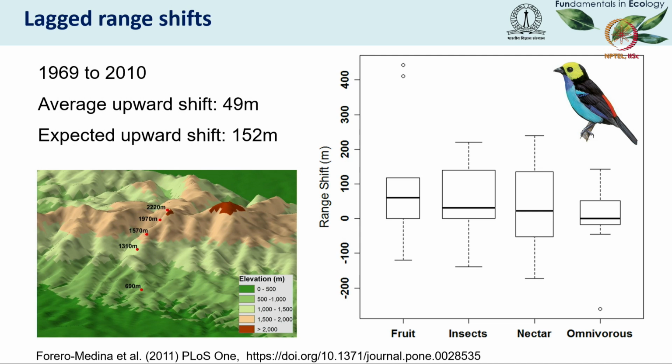So there's about a 100-meter lag in the response of these species to climate change, and it doesn't matter what these bird species eat, whether it's fruit, insects, nectar, or they are omnivorous, their shift rates seem to be similar.